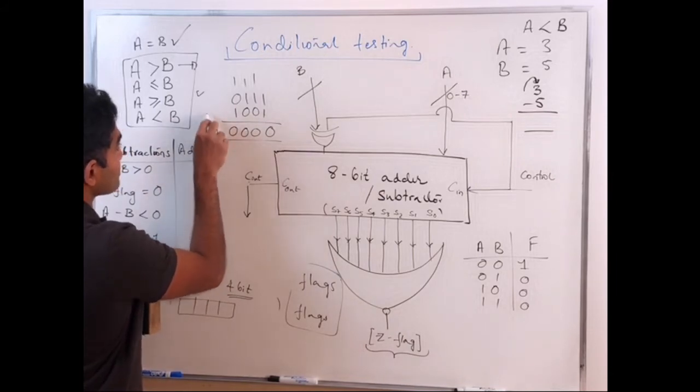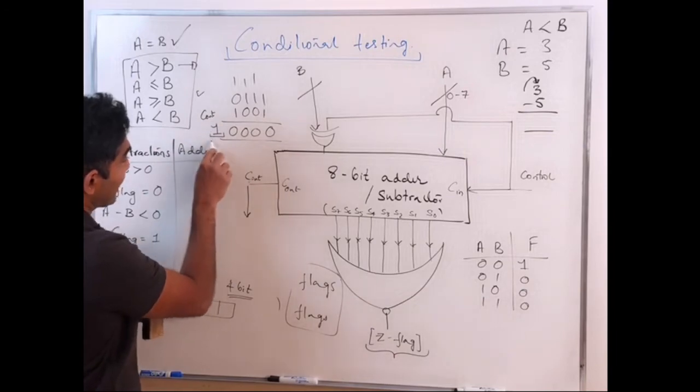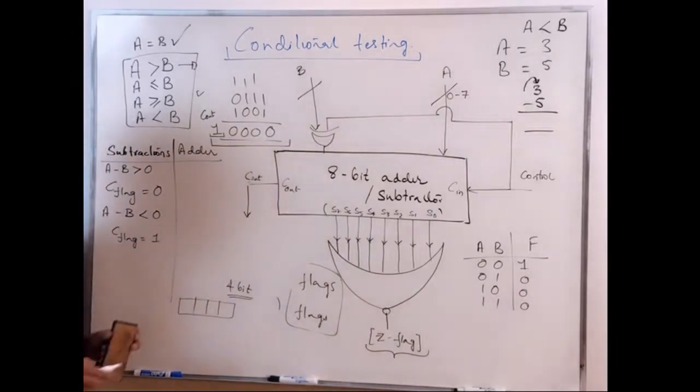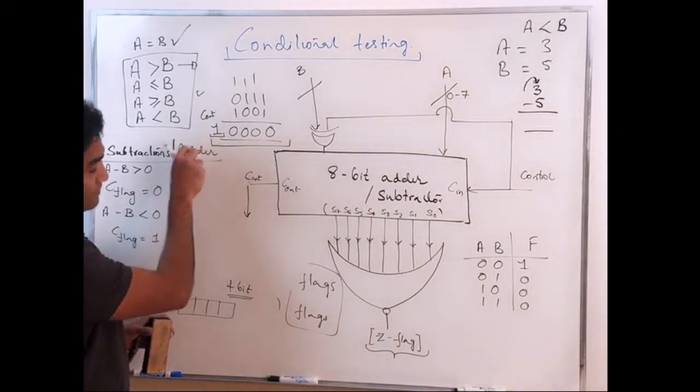This is my C out, the output carry. C out is a 1. If I had an additional bit, then this would be the right sum, because that's 16, right? But I don't have that additional bit.